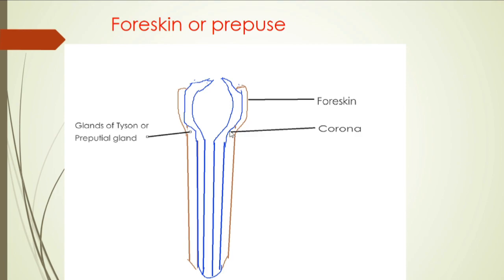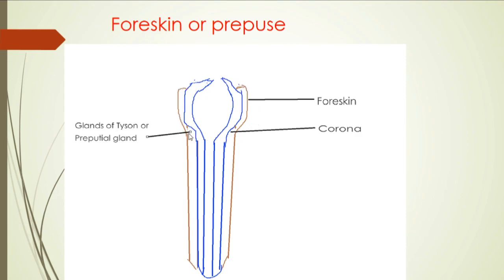Actually the smegma formation is normal, but if someone is not washing the penis carefully, then after a few days accumulation of more smegma takes place, and this smegma causes itching of the skin, redness of the skin, and redness of the glans penis. This condition is called balanitis in medicine. So if balanitis is happening, what should we do to get rid of this?